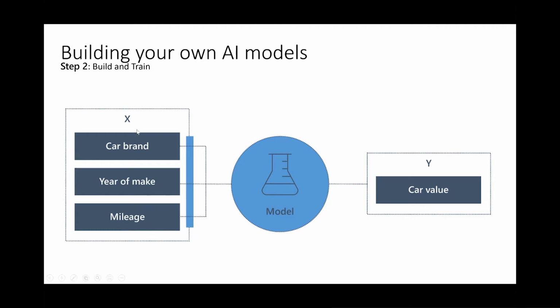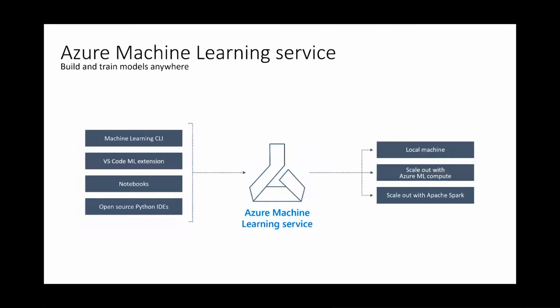So this is a simplified format, but in real situations, you may have as many as 30 or 40 or even more features. If you're working with IoT data, then you may have thousands of features that you're working with, and all of this is complex, right? You really don't know which feature is the most important, so you can use various libraries within AML. It supports all the open source libraries for evaluating which features are important.